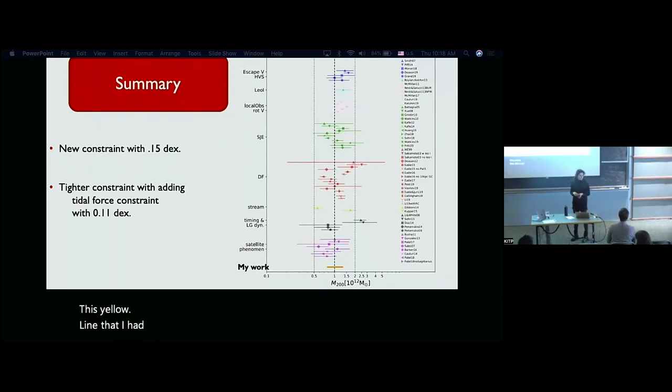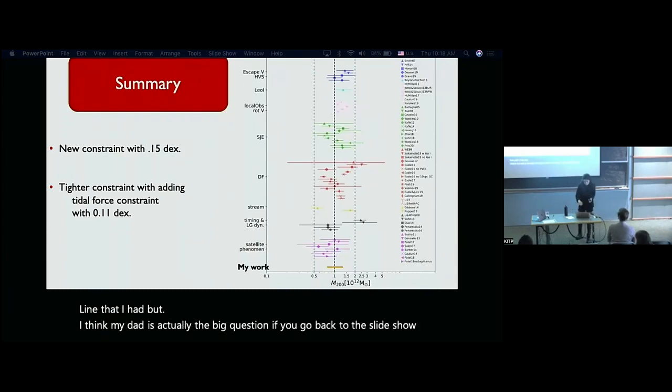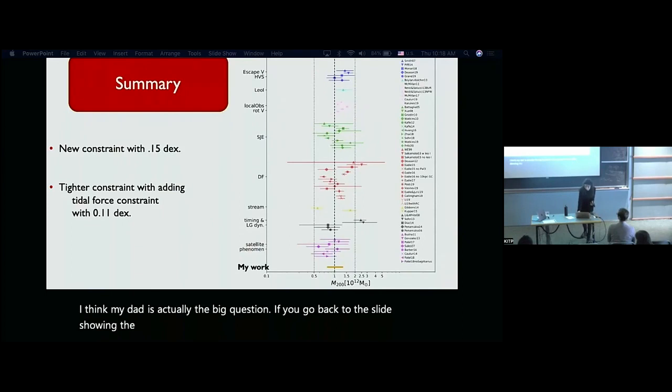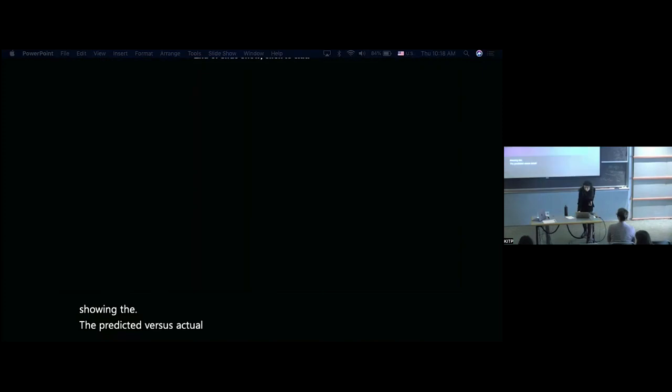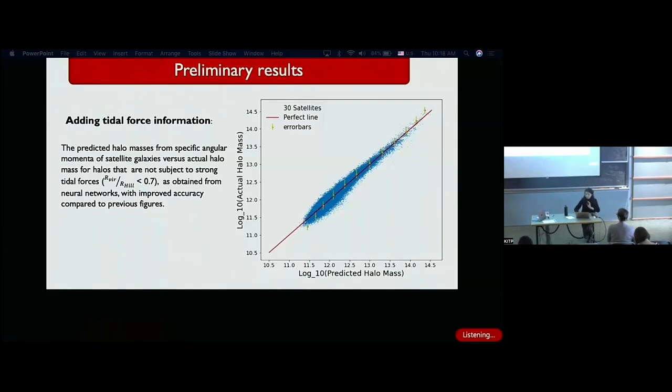But I think Mike might be asking a different question. If you go back to the slide showing the predicted versus actual halo masses. Yeah, that one.